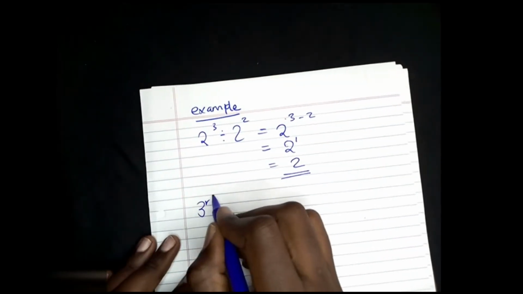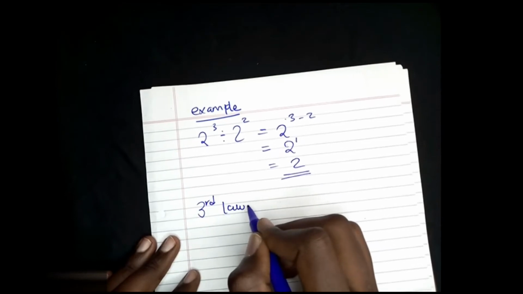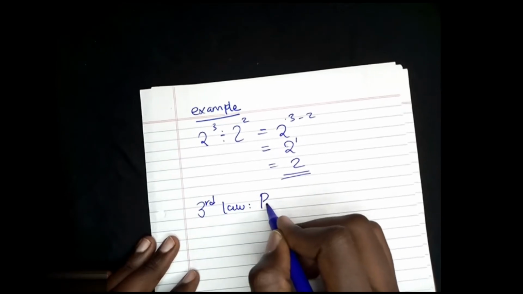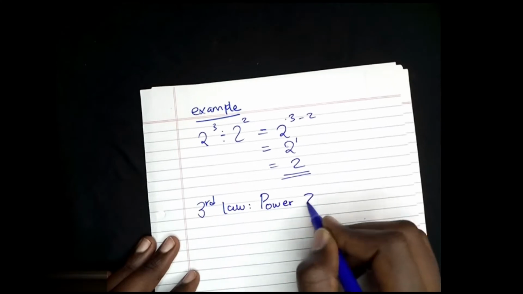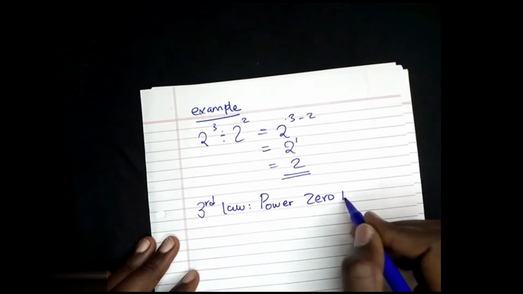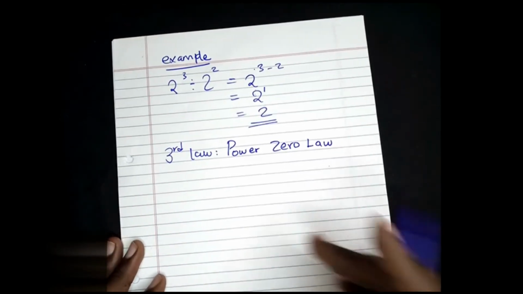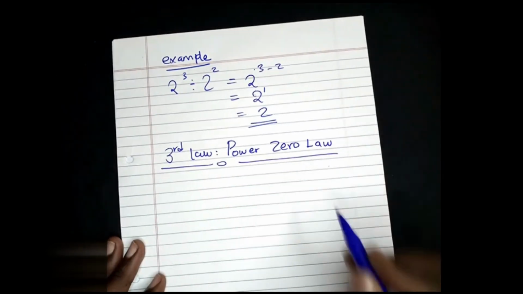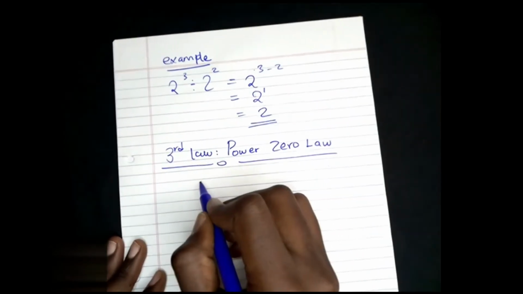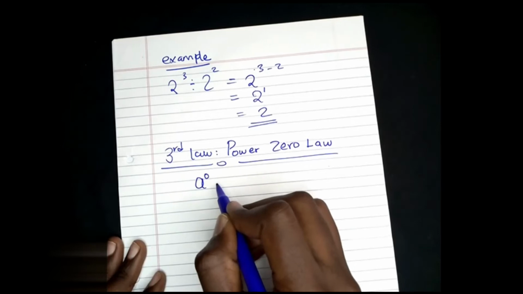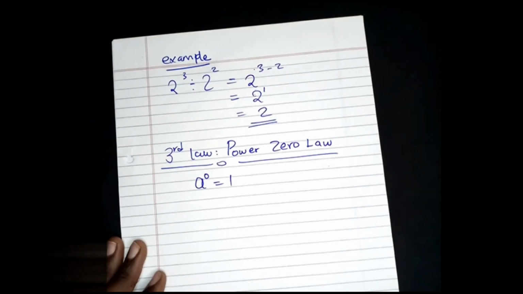The third law is called the power zero law. It is written like this: any number to power 0 is simply 1.